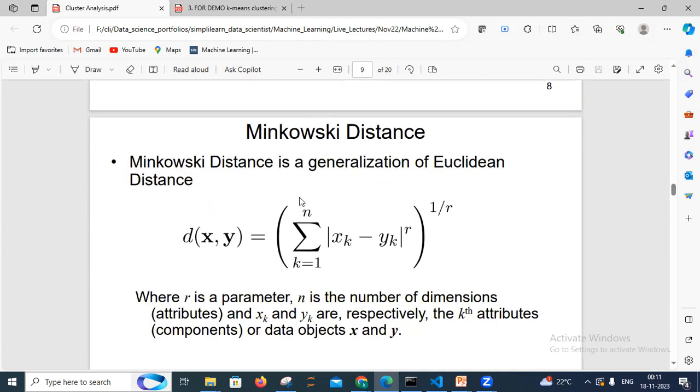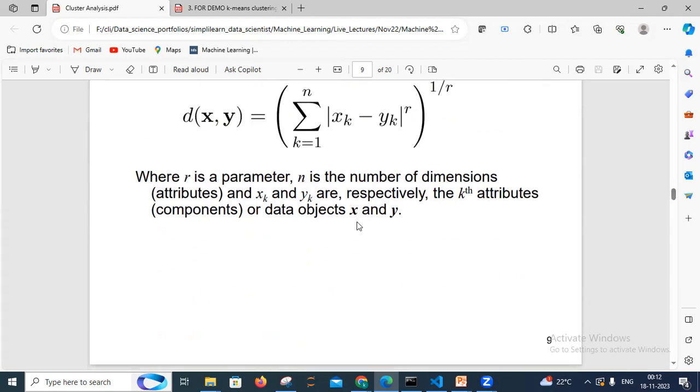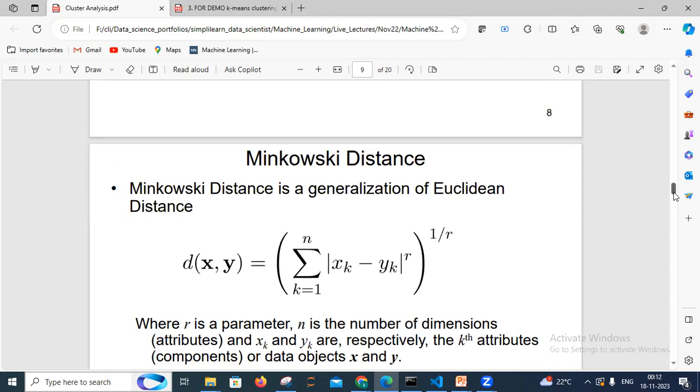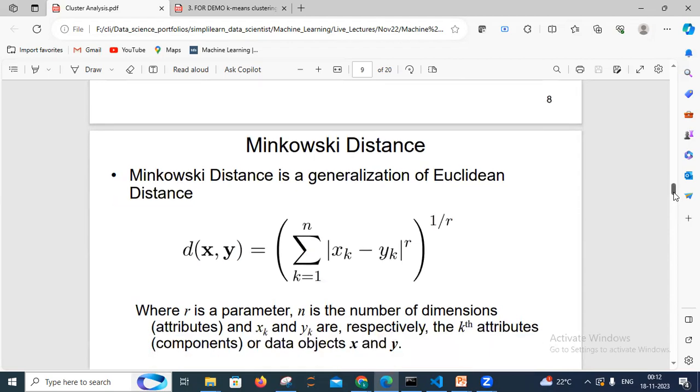And there are different kinds of techniques for measuring distance. Minkowski distance is a generalization of Euclidean distance. Euclidean distance is a very popular distance algorithm, where x and y are the two objects, r is a parameter, n is the number of dimensions or attributes, and x_k and y_k are the k-th attributes. I am not going into all of these things, as I have different sessions on that.